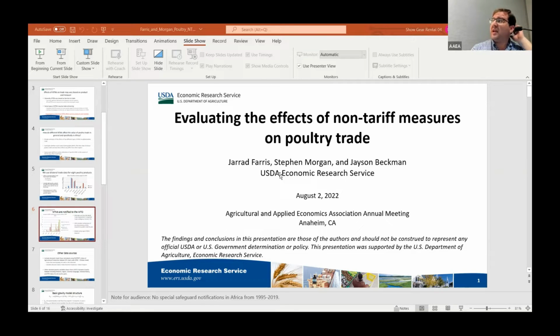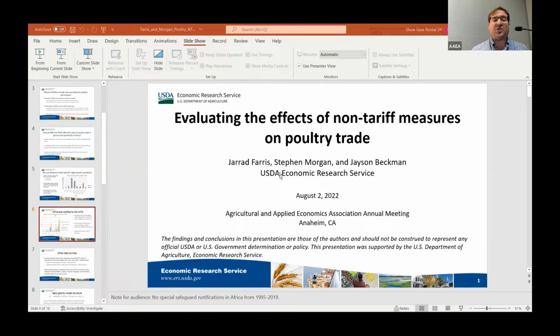We use a pretty standard gravity model structure here, where the dependent variable is the nominal value of poultry trade between 2 trading partners. We have a vector of gravity variables. So these are things that I just mentioned, like distance between trading partners. And then our key measure of interest here is the interaction between the different non-tariff measures and the fact that it's an international trade flow.